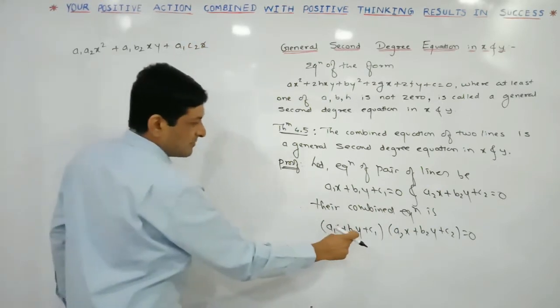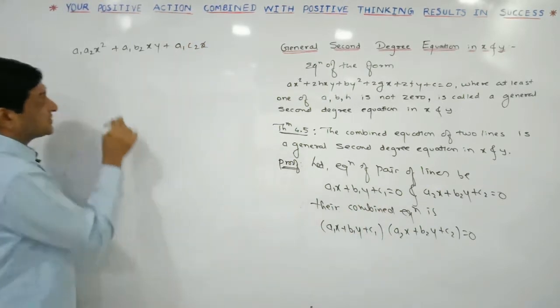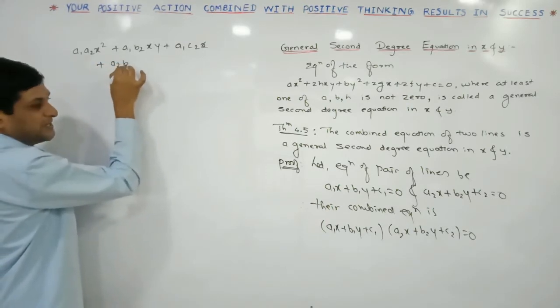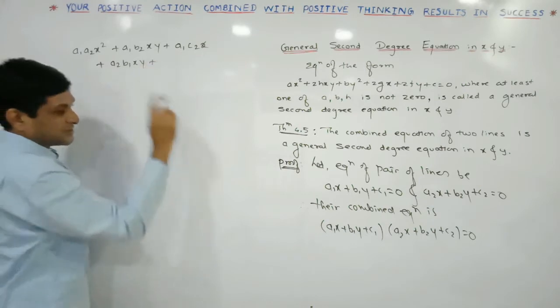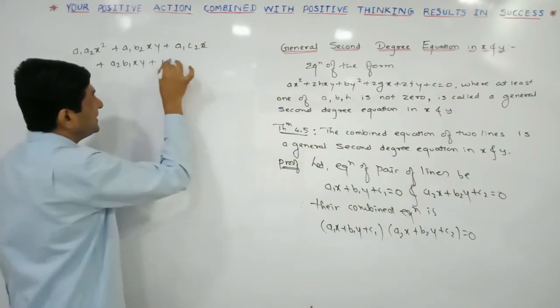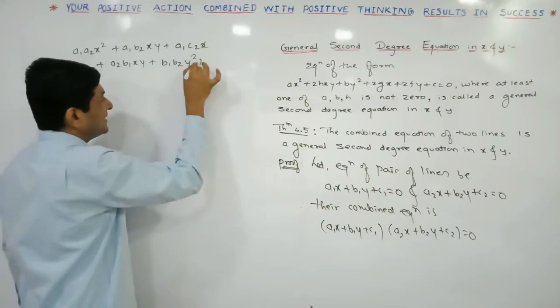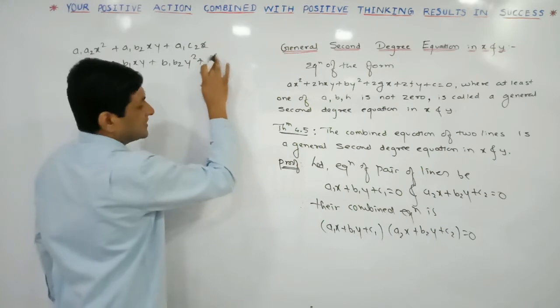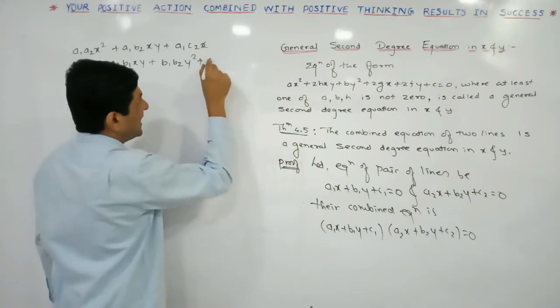Now I am multiplying b1y to all three terms in this bracket, so here we get a2 b1 xy plus, now multiply the second term, we get b1 b2 y square. Lastly multiply the third term, so b1 c2y.